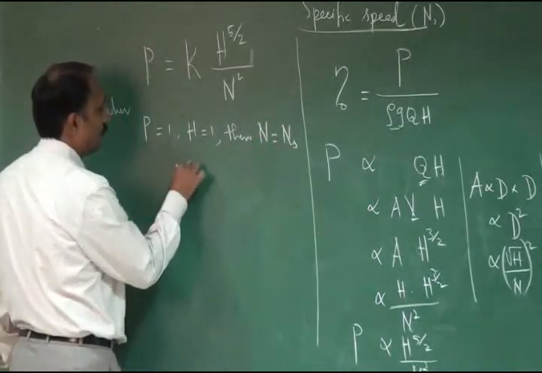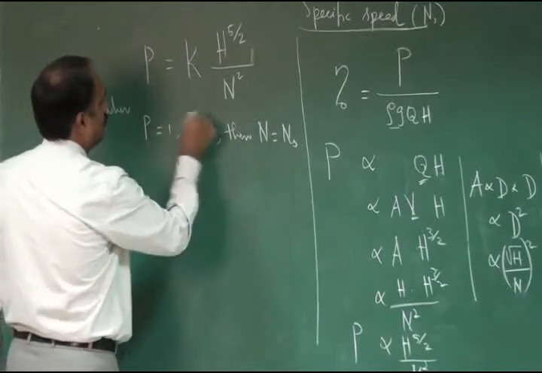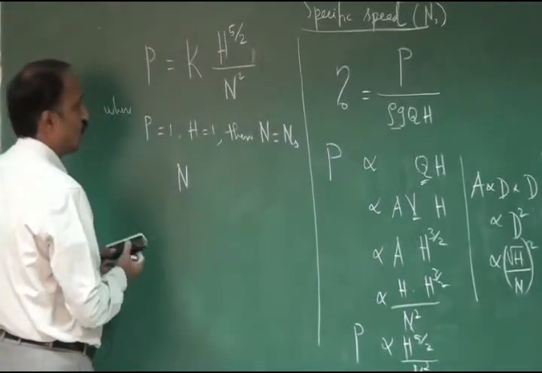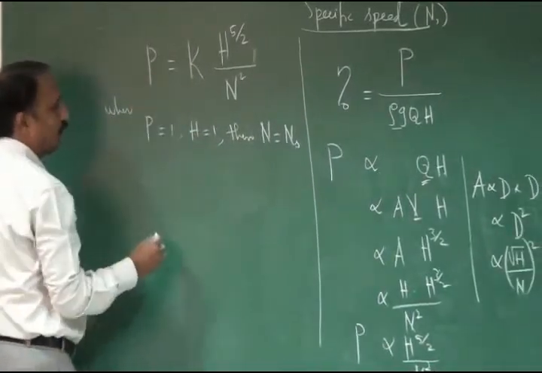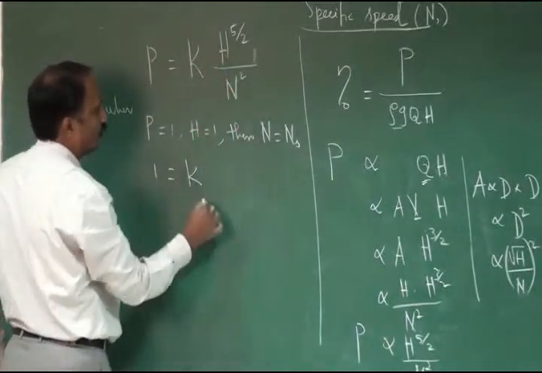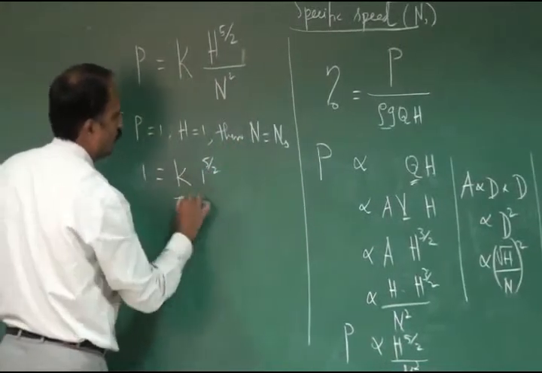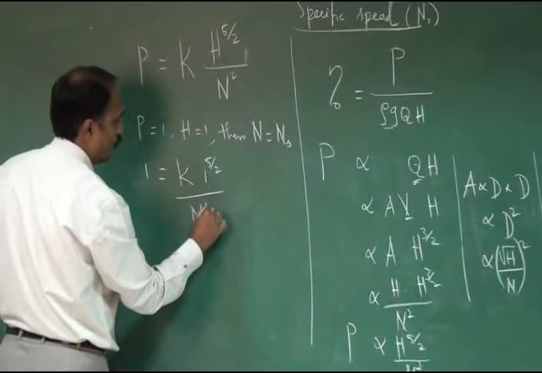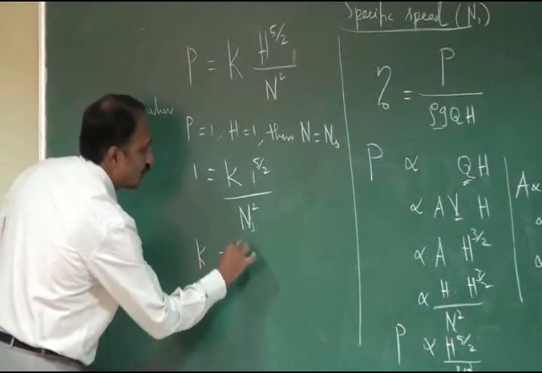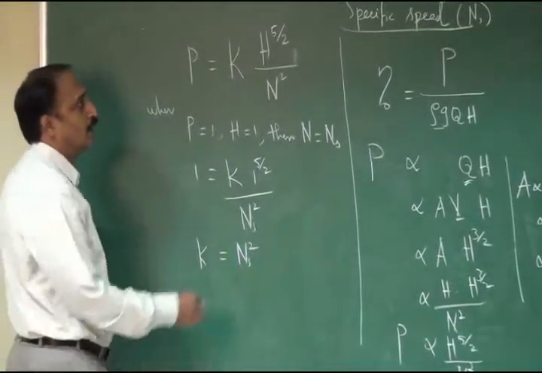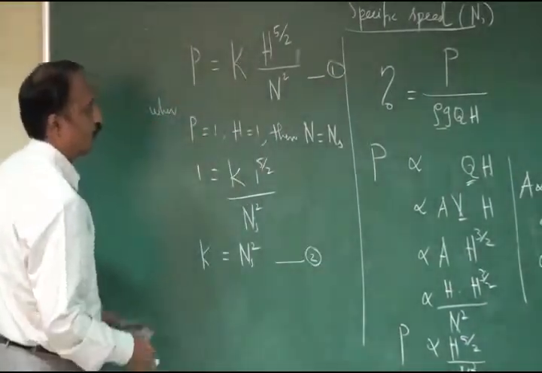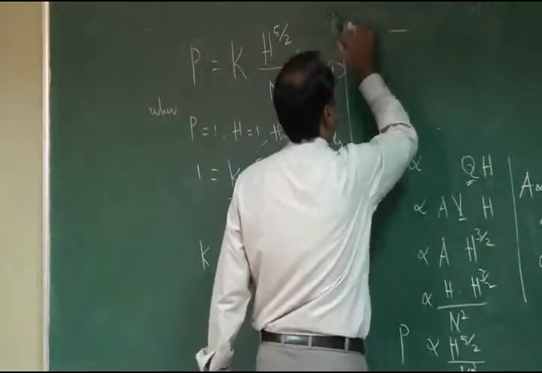So use P equal to 1, H equal to 1 and N equal to Ns in this equation. So P is 1, k, H is 1 power 5 by 2, divided by Ns whole square. Now k is equal to Ns square. This is equation number 1, this is equation 2. Combine 1 and 2, and we get the relation of specific speed.